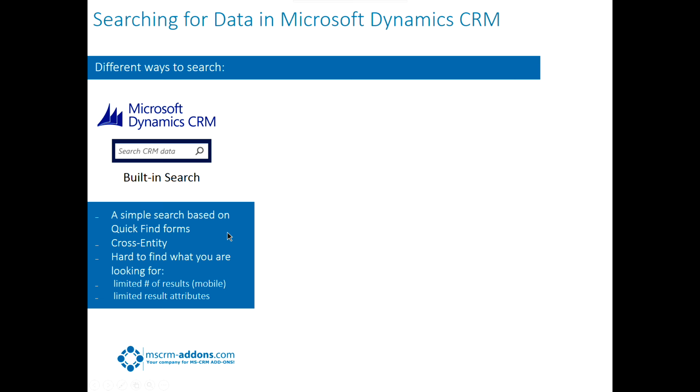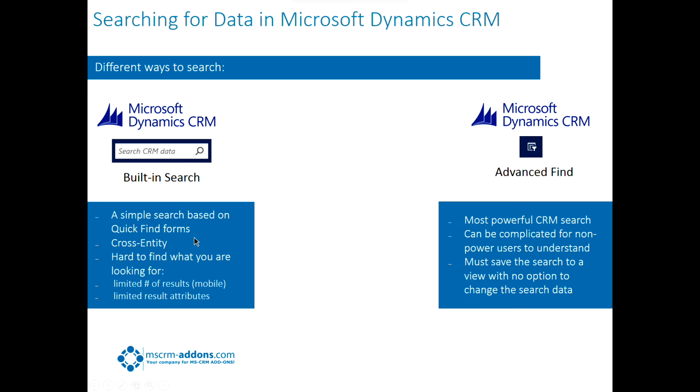But sometimes it can be hard to find what you're looking for. It has a limitation on the number of results for the mobile platform, and it has limited result attributes. So if I'm searching for, say, a city, and want to find all accounts in a city, I can't really do that with the built-in search.